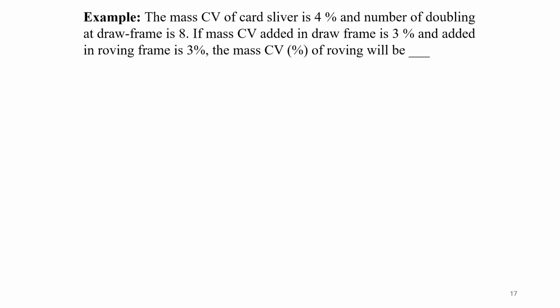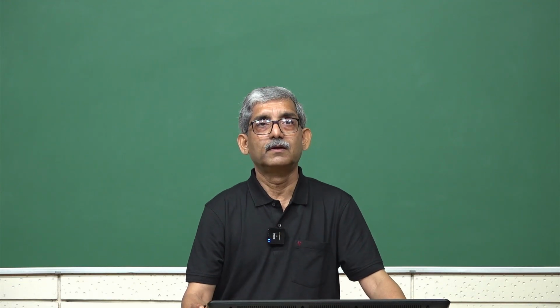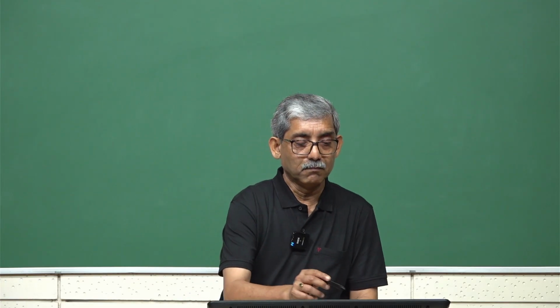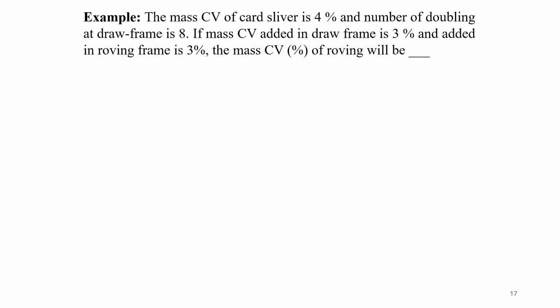Let us try to understand with an example. The mass CV of card sliver is 4% and the number of doublings at the draw frame is 8. So 8 slivers are doubled.